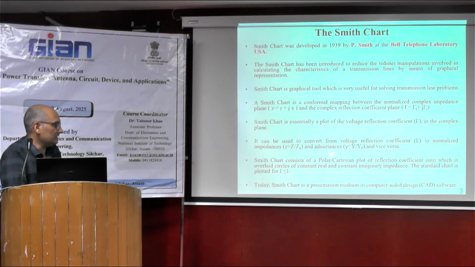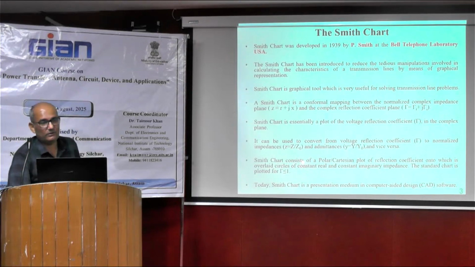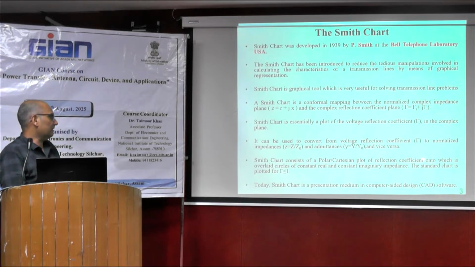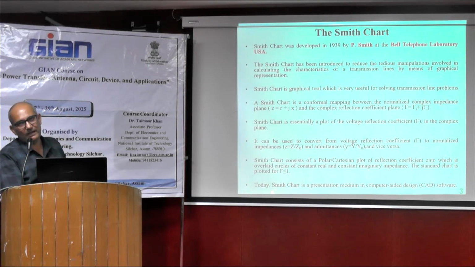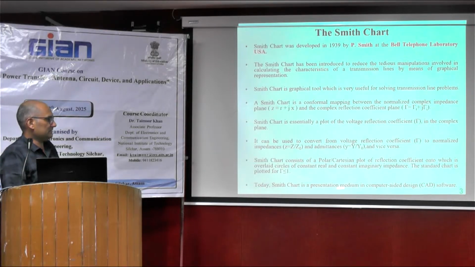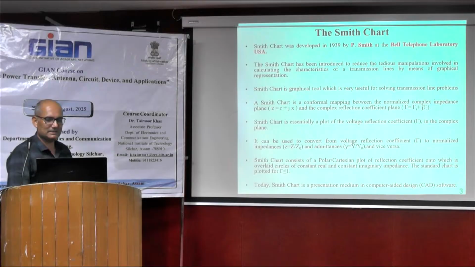A Smith chart consists of a polar plot of reflection coefficient onto which circles of constant values are overlaid. The standard plot has reflection coefficient magnitude less than or equal to 1, so the entire thing is within the unit circle. The Smith chart is also a representation medium in several advanced software packages including CAD design and microwave CAD, so it plays a significant role.